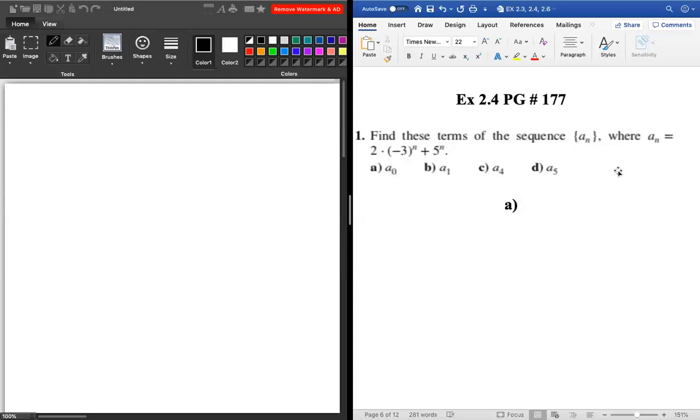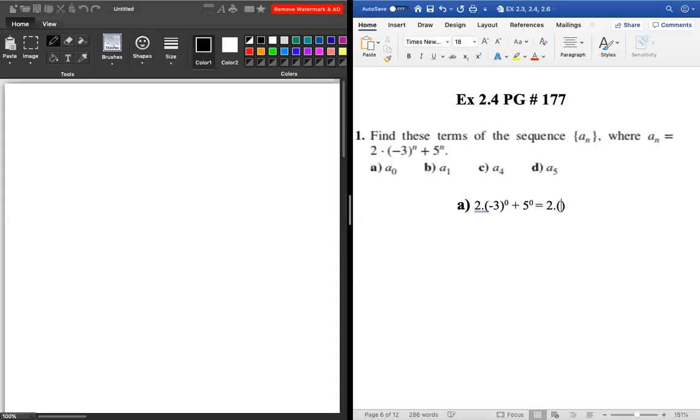So we basically have 2 dot, or we can say 2 multiply as well, but just to be consistent with the question, say 2 dot minus 3 to the power of 0 plus 5 to the power of 0.